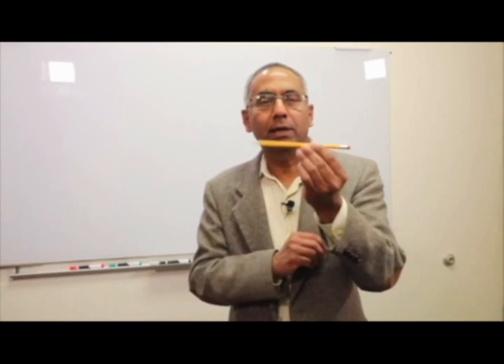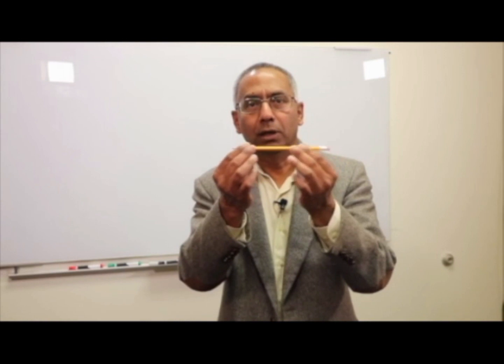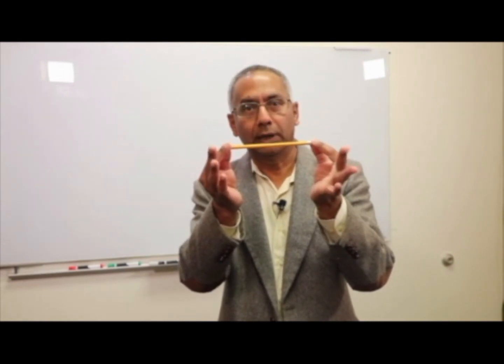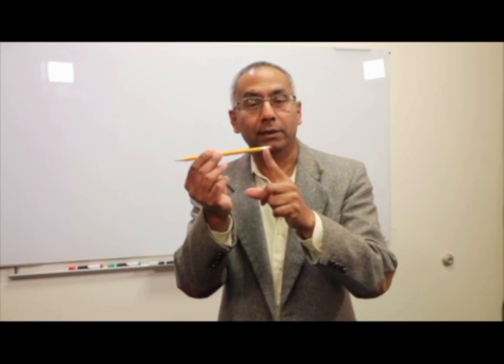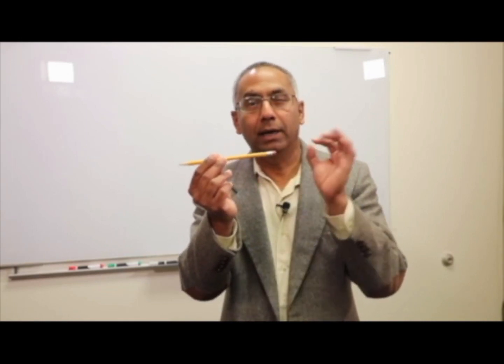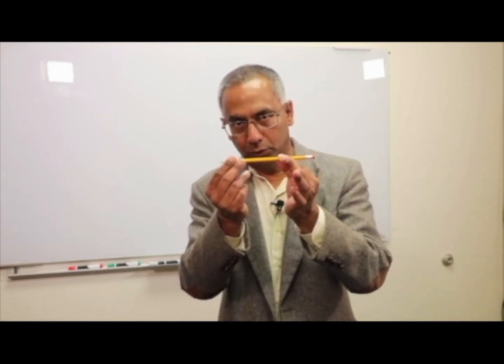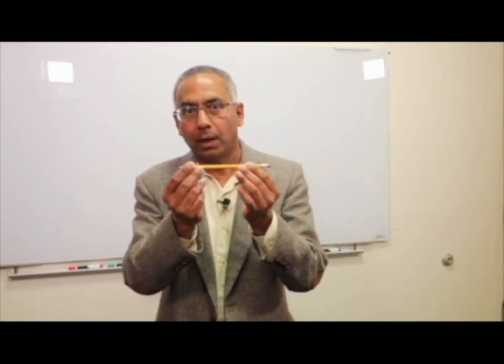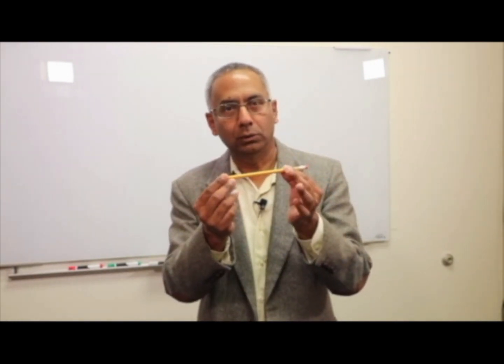So if I take a look at this pencil, it's made up of different materials. The main material is wood, right? And then we have lead, we have a metal ring here, and we have a rubber-based eraser. If we just took the wood, the question is, what are the environmental impacts of using this wood?